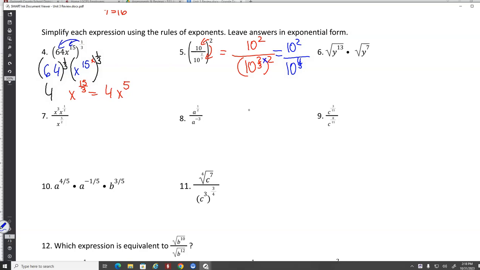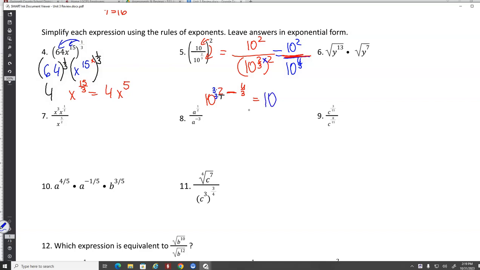Okay, so that's going to give me 10 to the 4 over 3, a fraction of 4 over 3. Now, of course, by the rules of exponents, if we have the same base and we have a division, that's a subtraction. So that means I'm subtracting both exponents, 2 minus 4 over 3. Now, 2 is a whole number, so for me to change that number into a fraction to be able to subtract it from 4 over 3, I'm going to write it over 1, and I'm going to multiply the top and the bottom by 3, because I want the bottoms to be exactly the same.